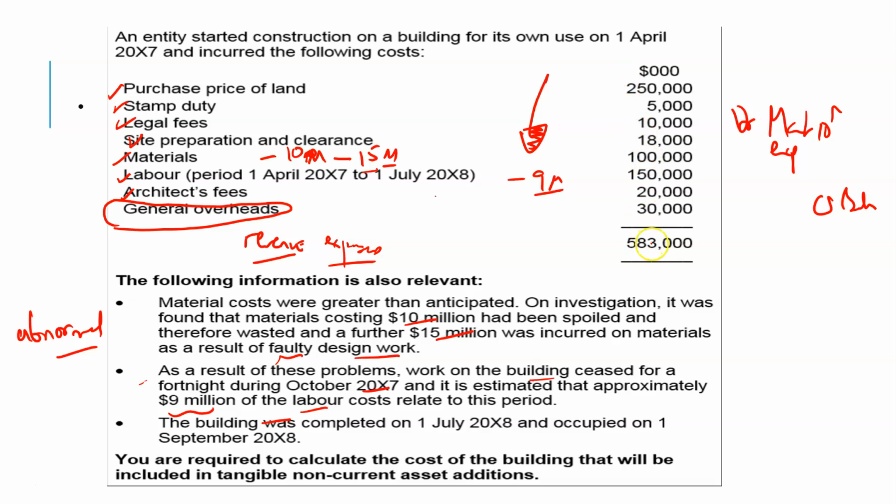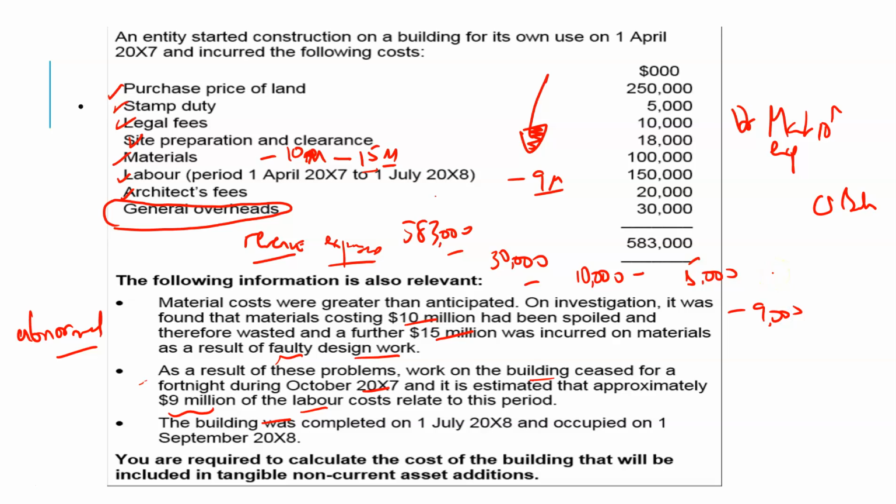So what am I saying? We have 583. I'm going to take off the 30,000. That's not allowed. I'm going to take off 10 million, I'm going to take off the 15 million, and I'm going to take off the 9 million. And let's see what that brings us to.